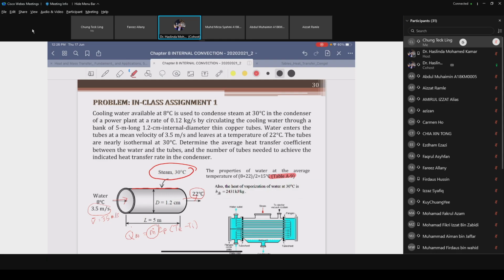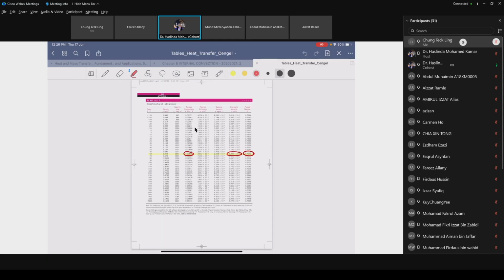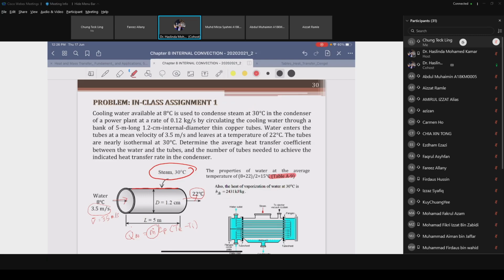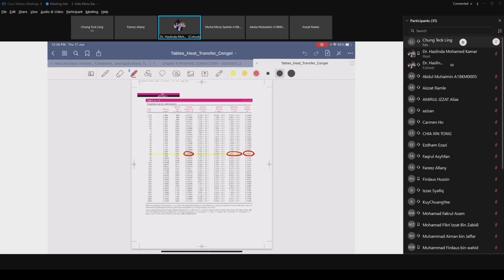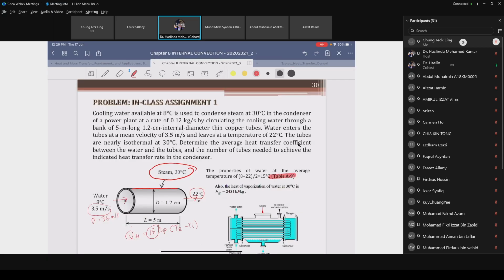Based on this table, go to table A15, berapa tadi suhu dia? 15 degrees. So 15, this is 15. So you will get the density is 1.225, and then the CP is 1007. You all kena tengok the unit, please remember the unit, very important.